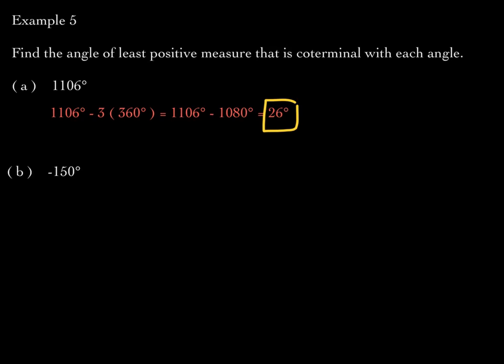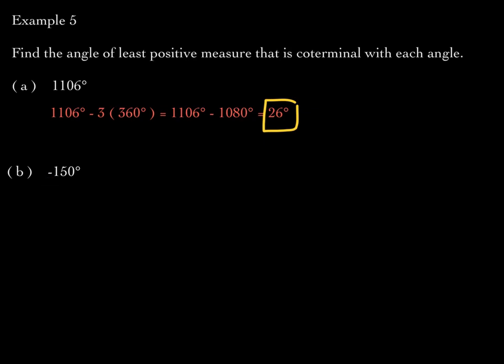The next one is negative 150 degrees. Now remember, you want something positive. Because this angle that they gave you is negative, you're going to add rotations. Before, we were subtracting rotations, because they gave you something that is really, really big and positive. This time around, they're giving you something negative, so we're going to have to add rotations.